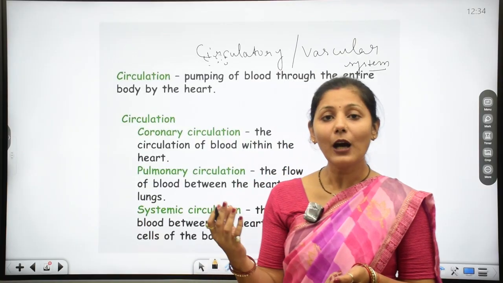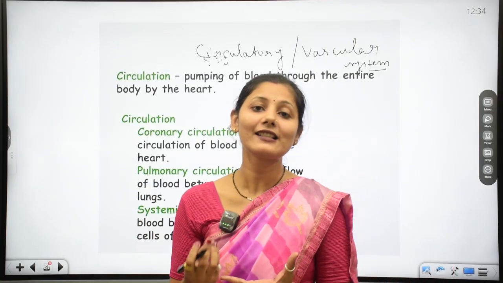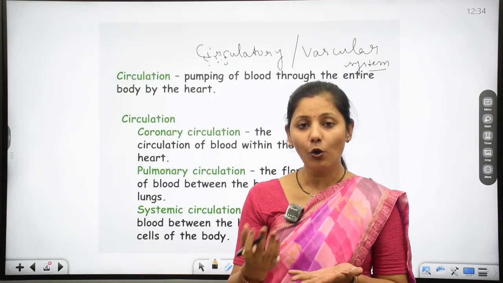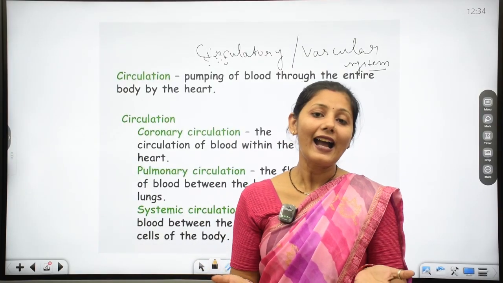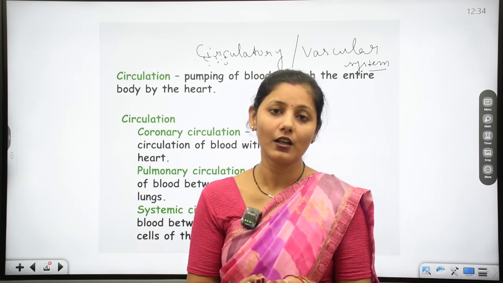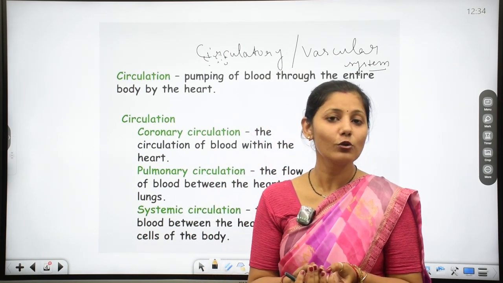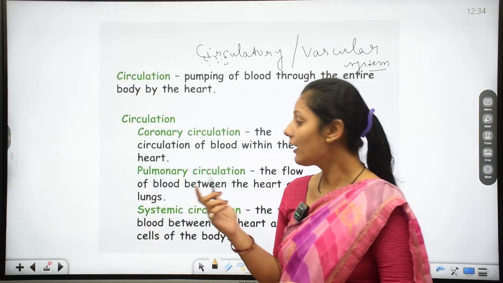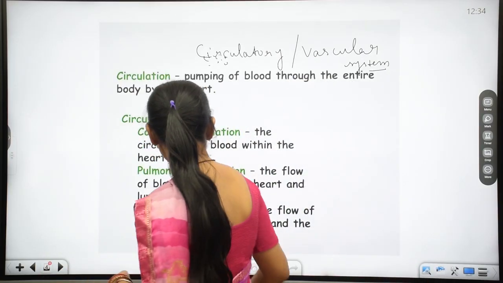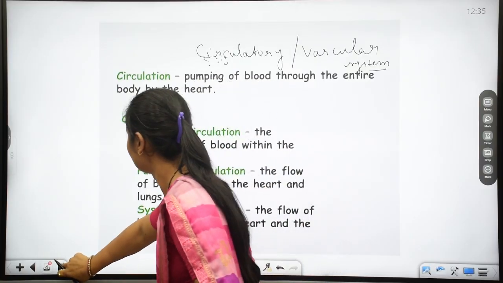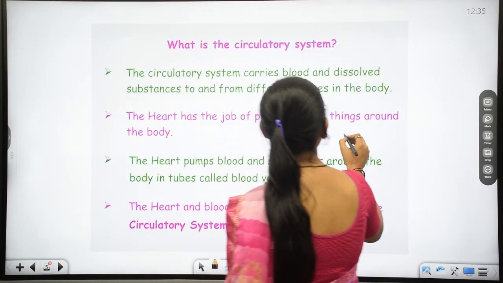And if we talk about lower category animals like insects, in insects the blood flows in the body as a body fluid inside the spaces present between the tissues. This type of circulatory system is known as the open circulatory system. Okay, so here we have two types of circulatory system. The first one is open and the second one is closed.